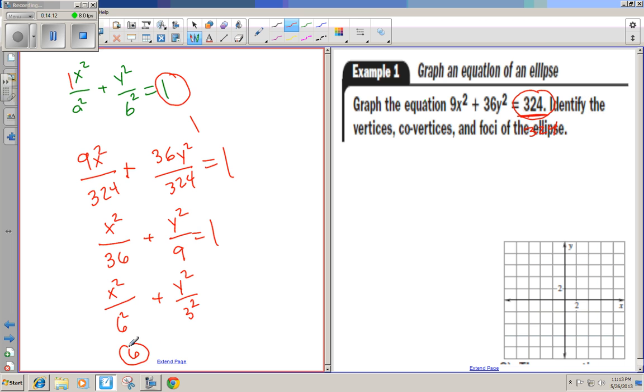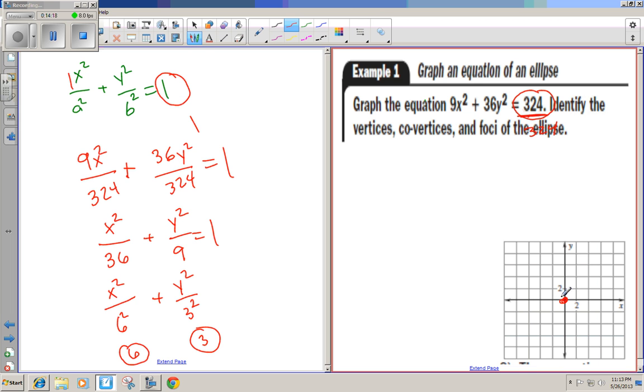So one of the distances is 6. One of the distances is 3. So we start right there at the origin. It says to graph the equation. Graphing the equation, we're at 0, 0.